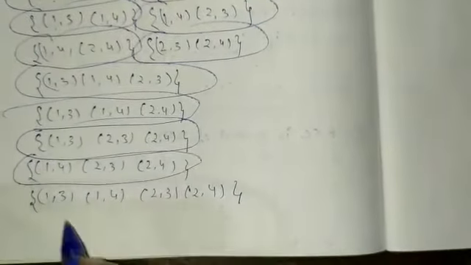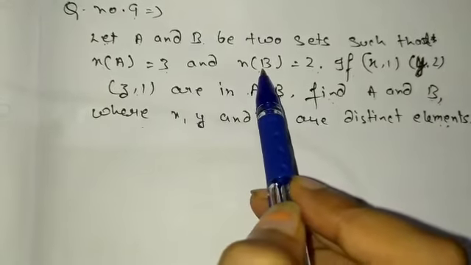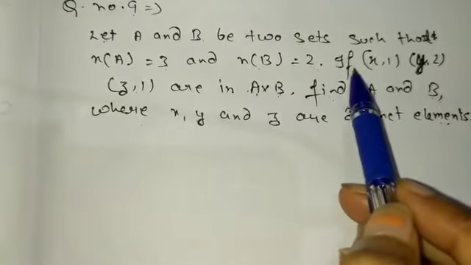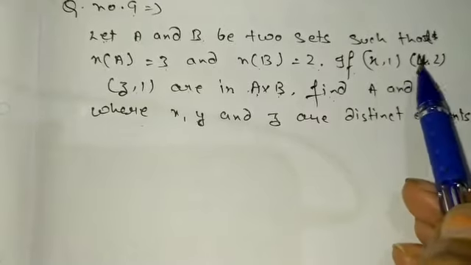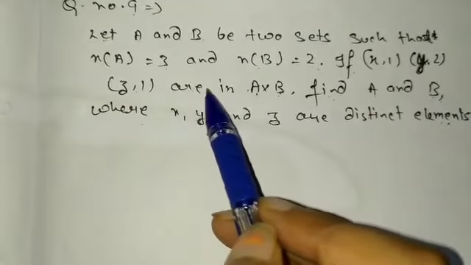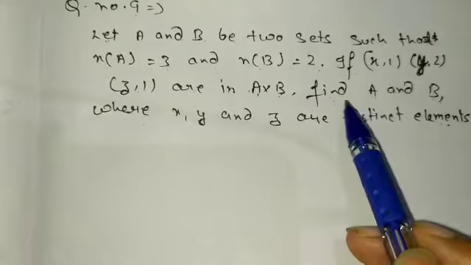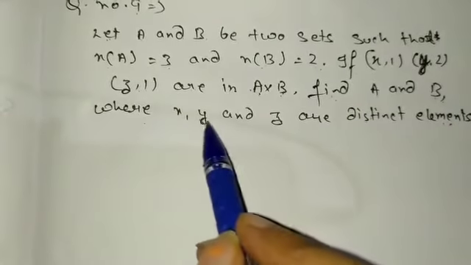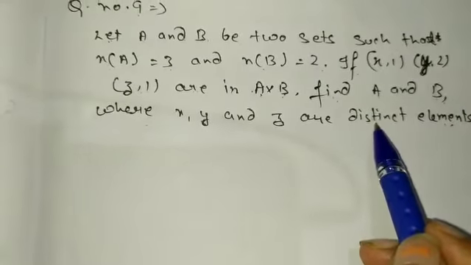15 and 16. Question 9. Let A and B be two sets such that the number of elements in set A is equal to 3 and the number of elements in set B is equal to 2. If elements (x,1), (y,2), (z,1) are in set A into B, then find A and B, where x, y, z are distinct elements.